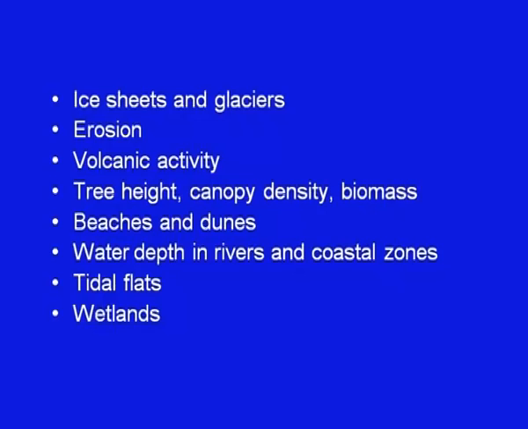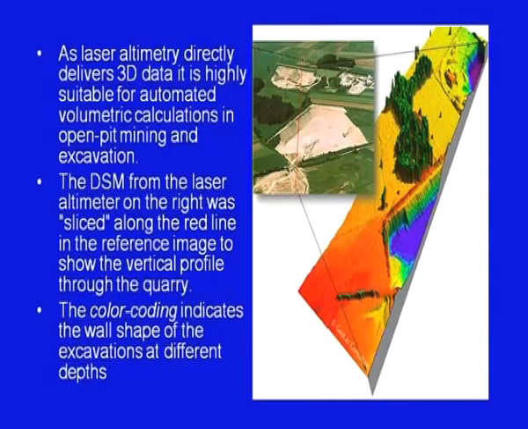These are ice sheets and glaciers, erosion, volcanic activity, tree height, canopy density and biomass, beaches and sand dunes, water depth in rivers and coastal zones, tidal flats, wetlands. Here one can see information which has been generated for an open cast mine.